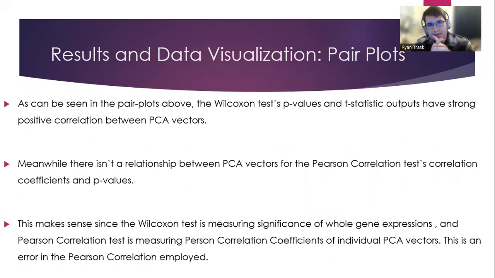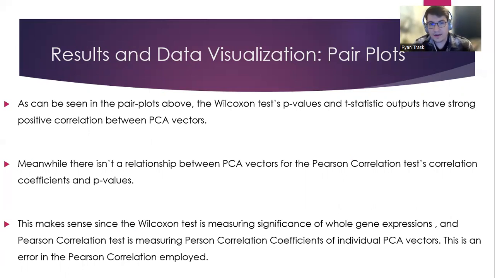Now, why do I think this error happened? I think what went well for the Wilcoxon test was that it was measuring the significance of the gene expressions. That's its purpose. It was determining whether a gene expression was significant when compared to the rest of the data. But the Pearson correlation test was comparing whether individual values were significant when compared to the rest of the data.